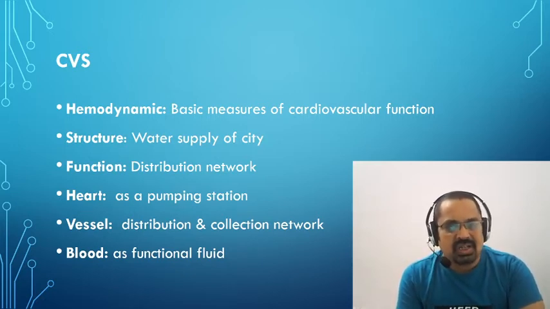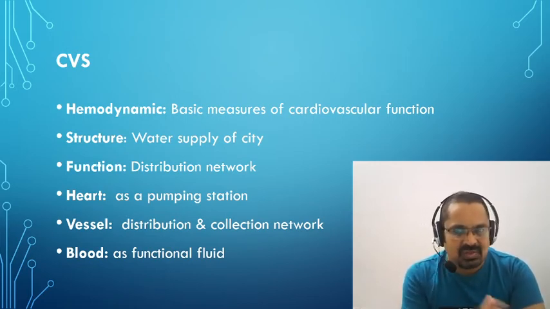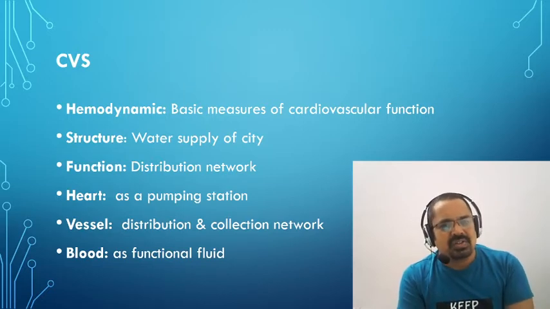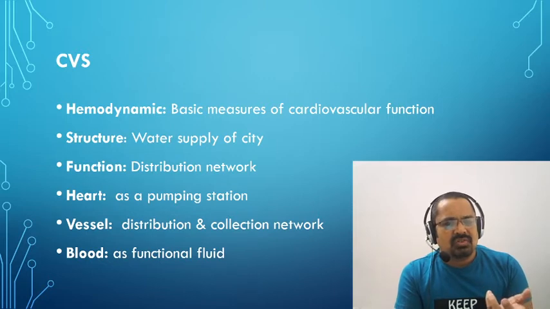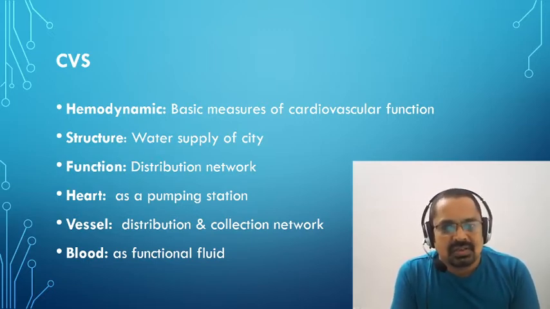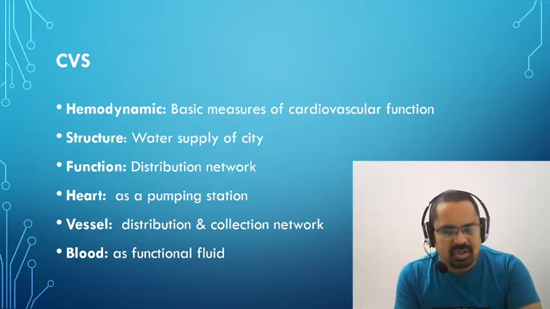So again, hemodynamics is a basic measure of cardiovascular function, as we have already seen in the previous slide. If you see the structure of the cardiovascular system, it is similar to the water supply and drainage system of your city. Water is always circulated there.